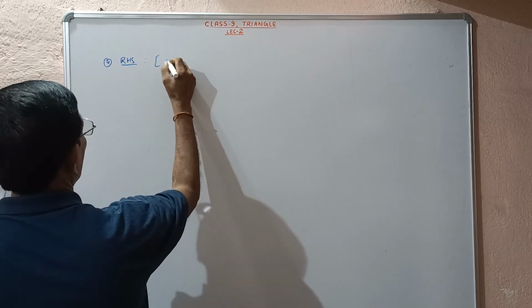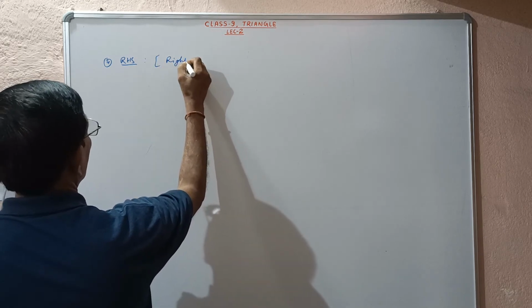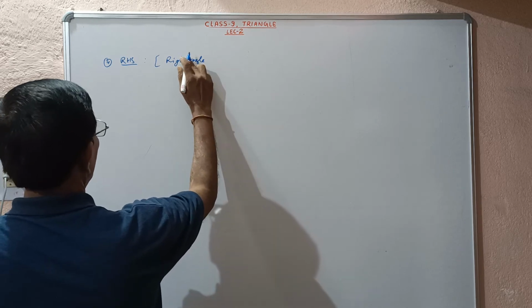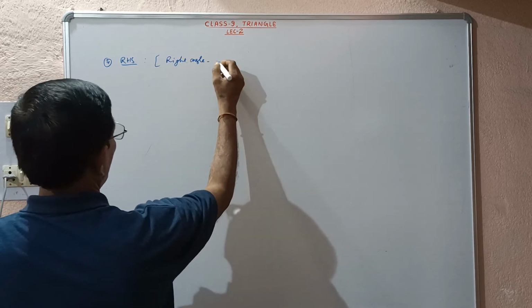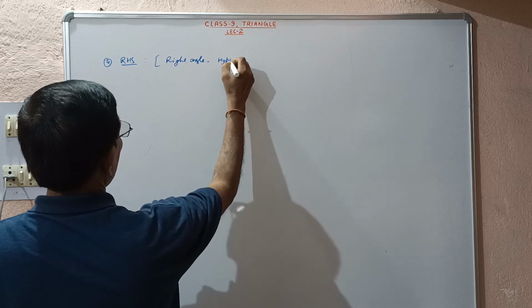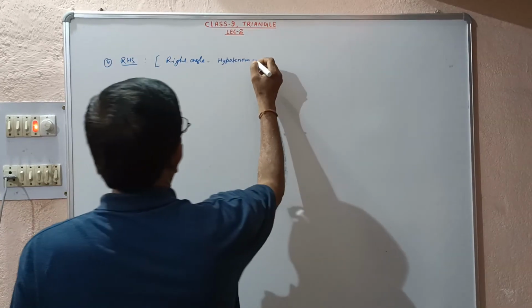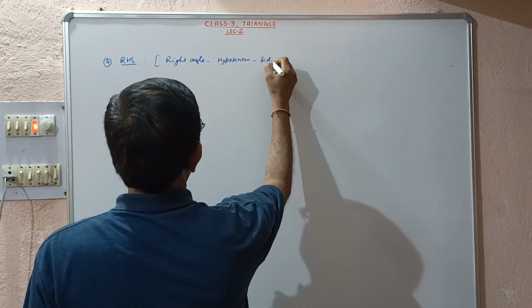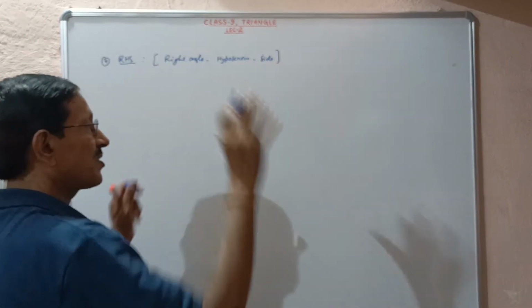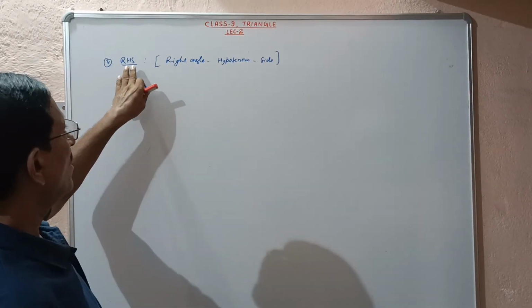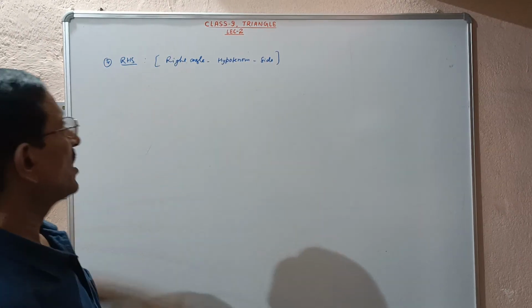That means R for right angle, H for hypotenuse, and S for one side. In a right triangle, there is one hypotenuse and at least one side equal.